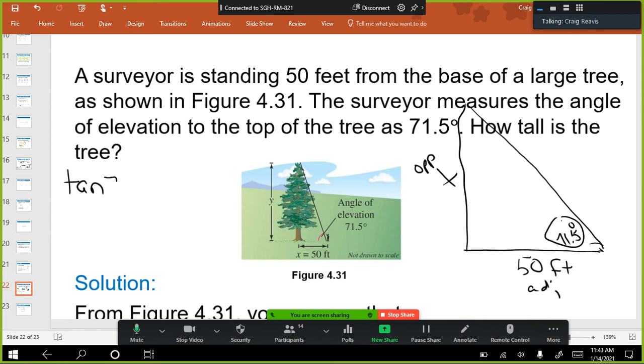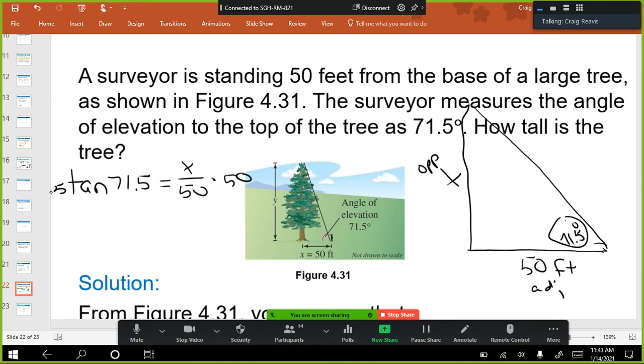So we know the tangent of 71.5 degrees is going to be equal to the opposite, x, that's what we're looking for, over the adjacent of 50. So now we just have this equation: tangent of 71.5 equals x divided by 50, and we need to solve for x. Well, how would we get x by itself? We would multiply both sides by 50. So we know 50 tangent of 71.5 equals x.